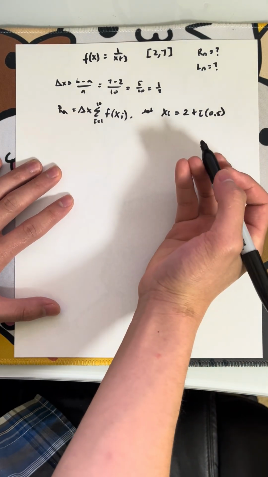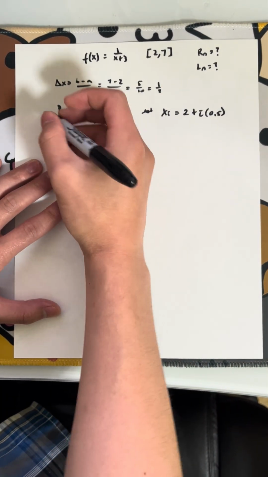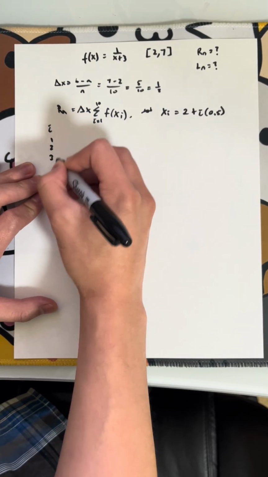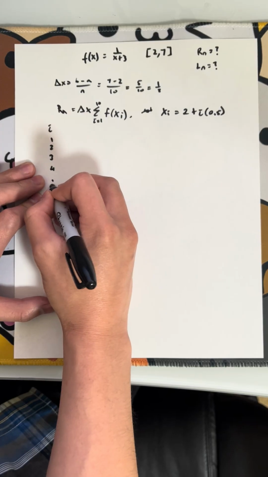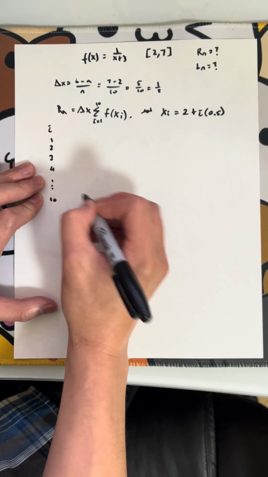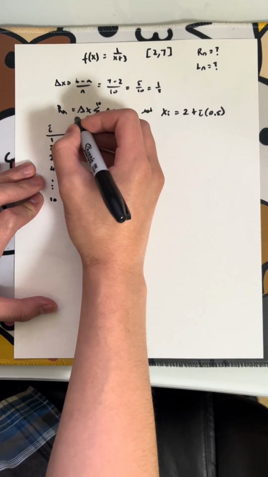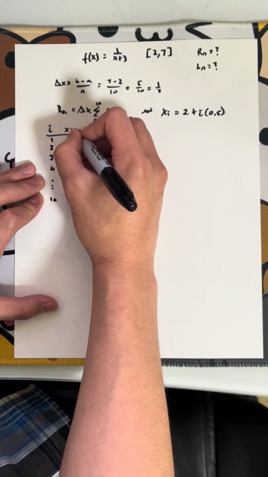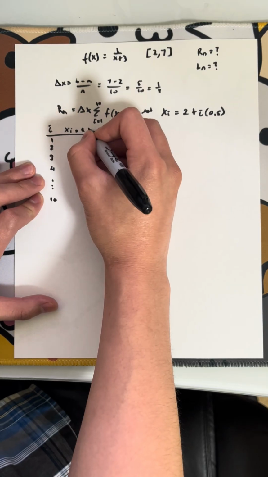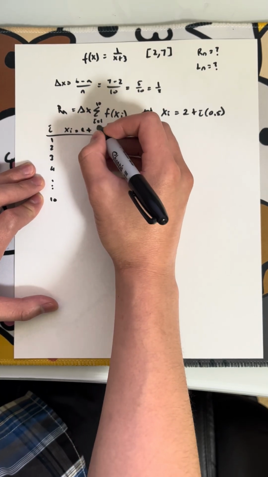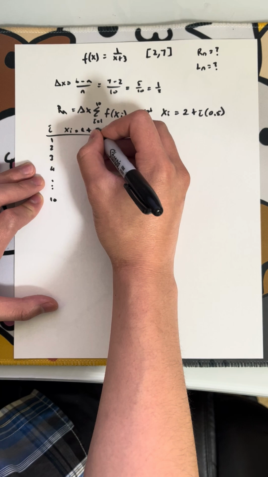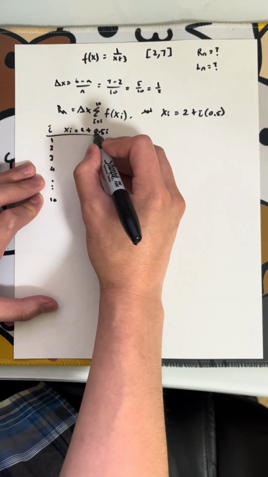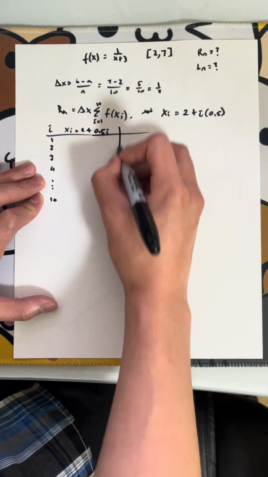And once we do that, let's make a table for our convenience. It would be i from 1, 2, 3, 4, all the way down to 10. Then next will be our sample point equation, which is 2 plus 0.5i. It's the same thing. Then we put in our values.